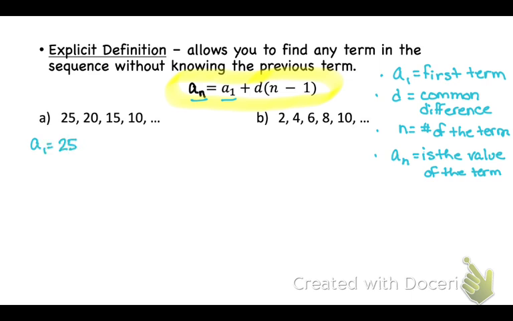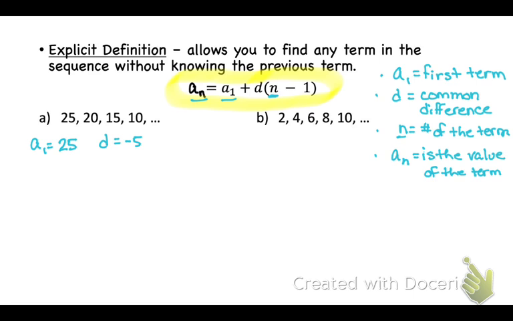N, we're going to leave N. We're not going to mess with it because it's an equation. So we need to know the difference. Minus 5. Why is it minus 5? Because you're going down.